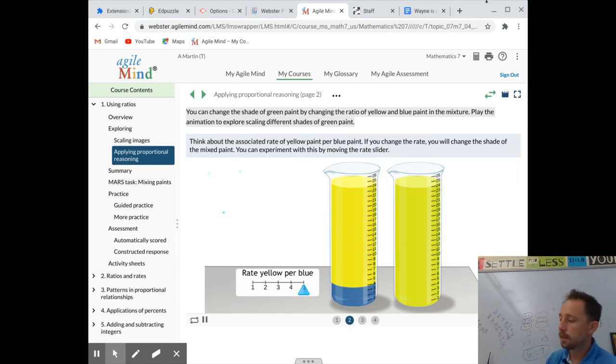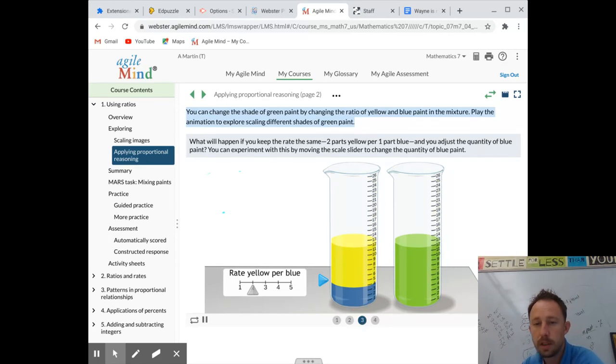So let's see how we can get more of the mixed paint while maintaining the same color. Let's look at slide 3. Looking at slide 3, it says, what happens if you keep the rate the same, which was 2-to-1, and we just adjust the quantity? When we talk about adjusting the quantity, that means twice as much, triple the amount, quadruple the amount, etc. All right?